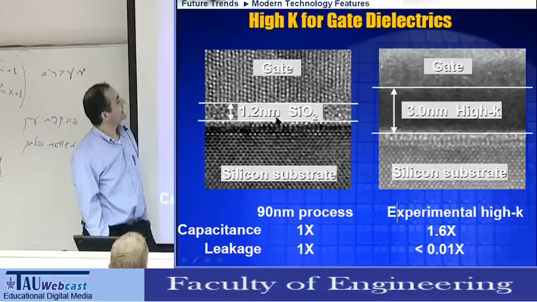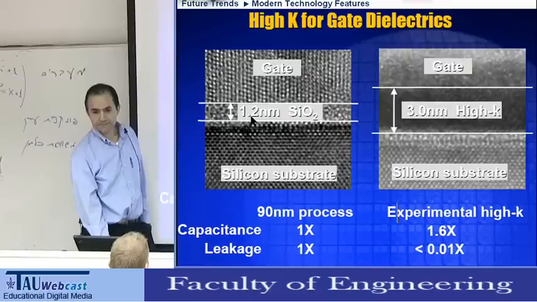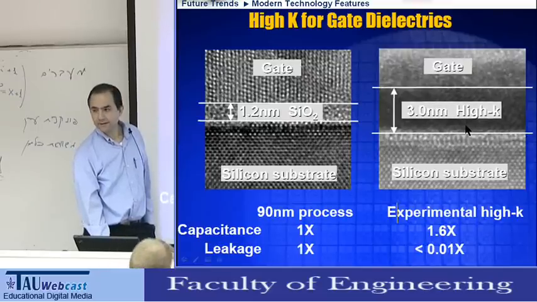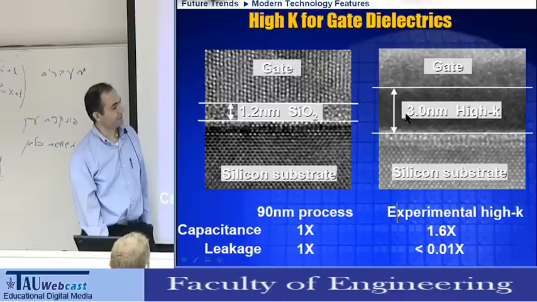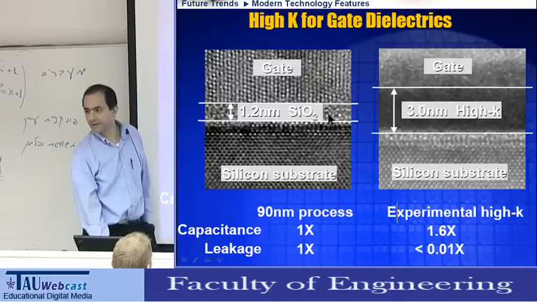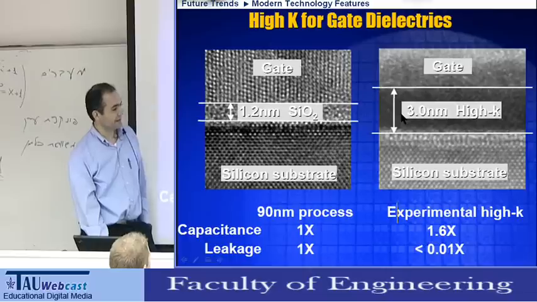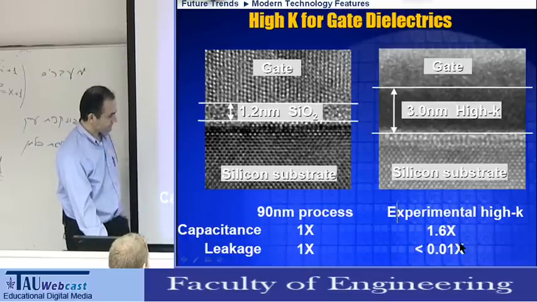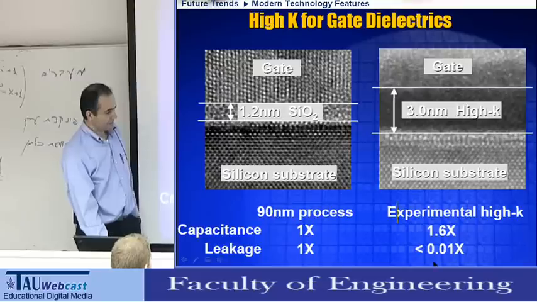We had a silicon oxide gate of 12 angstroms. And now we can get a thicker gate, thicker physically, which performs better than this thin gate because of the fact that it has high K. On top of that, the leakage is significantly smaller.